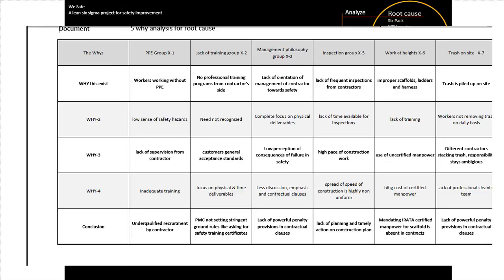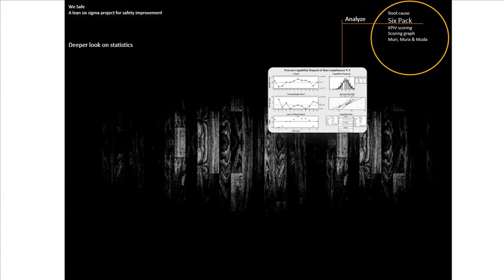Need not recognized. Similarly, customers' general acceptance standards focus on physical and time deliverables. And ultimately, it results in the conclusion that PMC is not setting up stringent ground rules like asking for safety training certificates.